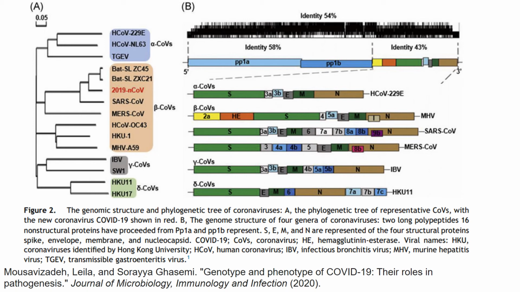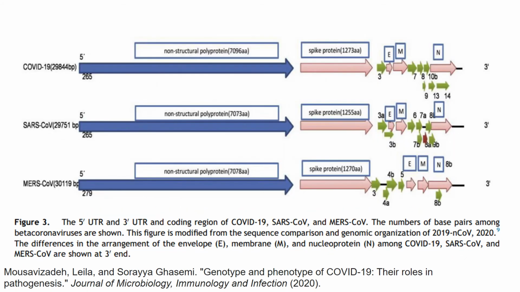So now if we go further in, because our goal is to understand COVID-19, right? Here in figure 3, you see the COVID-19 RNA sequence, then you see SARS-CoV, and then you see MERS-CoV. And as you can see, from 5' to 3', the non-structural polyprotein is very similar, right?